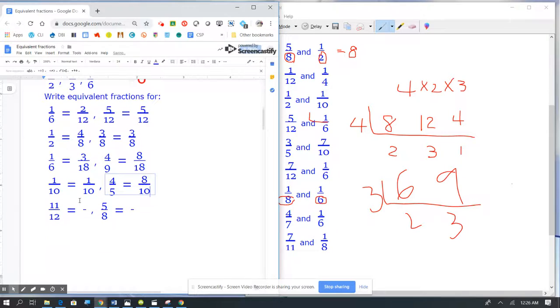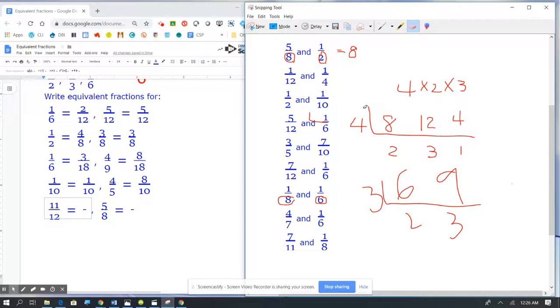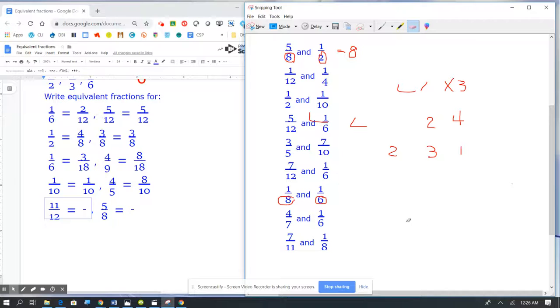Okay, now this is the last question here. I'm going to show you 12 and 8. Let's look at 12 and 8. What does 12 and 8 look like? What is the common denominator of 12 and 8? What 12 and 8 have in common is what?